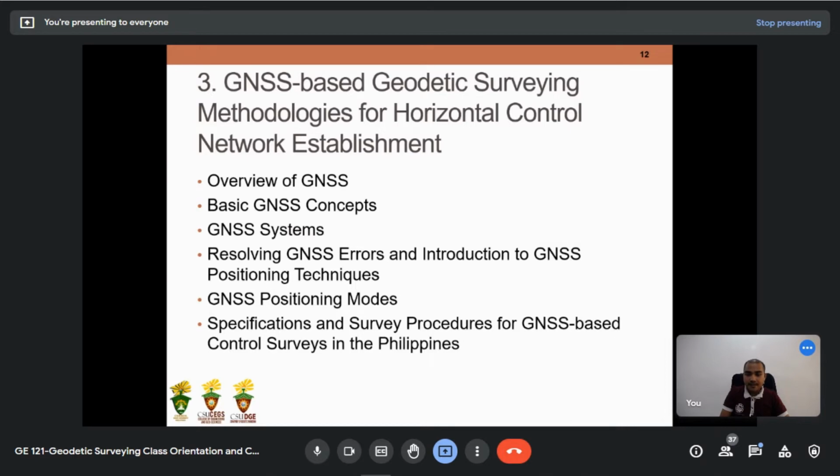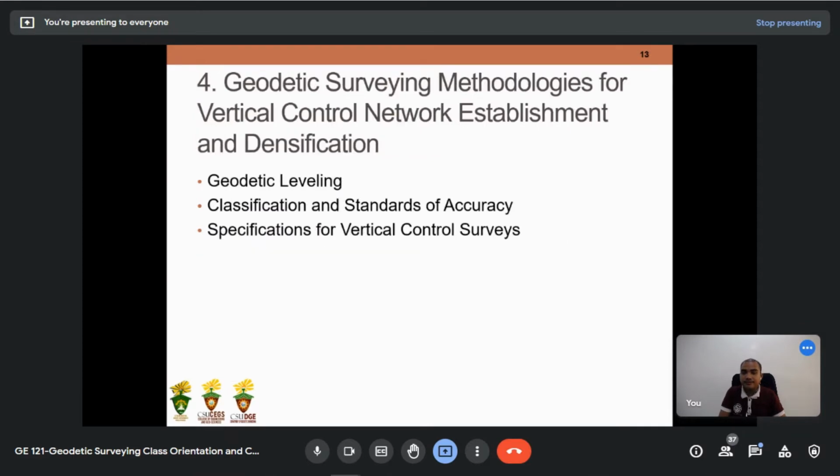Since we are employing this technology, we should know the standards to follow for it: the standards on establishing the control networks of the Philippines. Next is Topic 4, which is all about geodetic surveying methodologies for vertical control network establishment and densification.